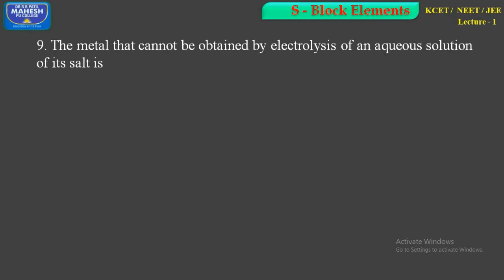Question 9. The metal that cannot be obtained by electrolysis of an aqueous solution of its salt is option A, silver, option B, calcium, option C, copper, and option D, chromium.